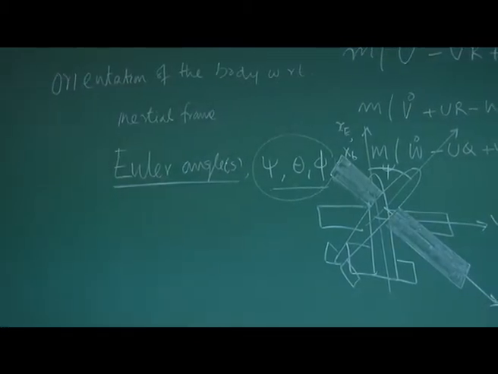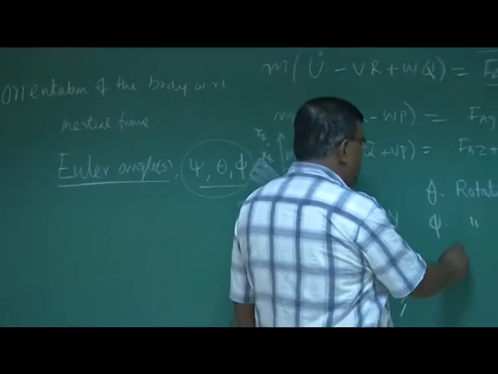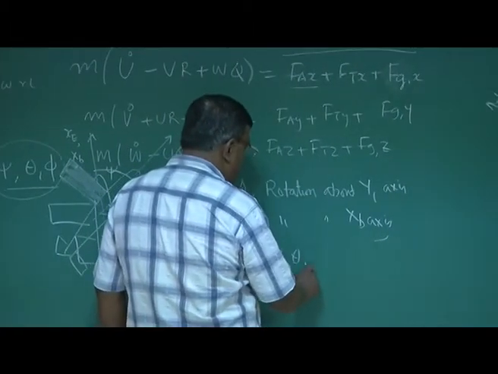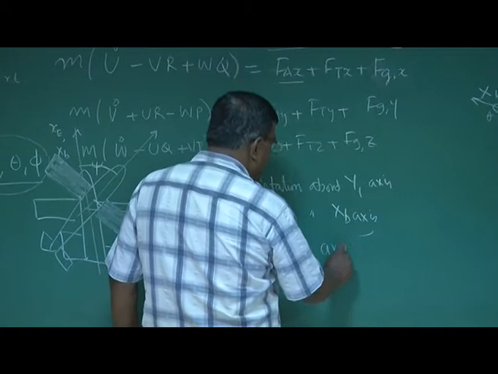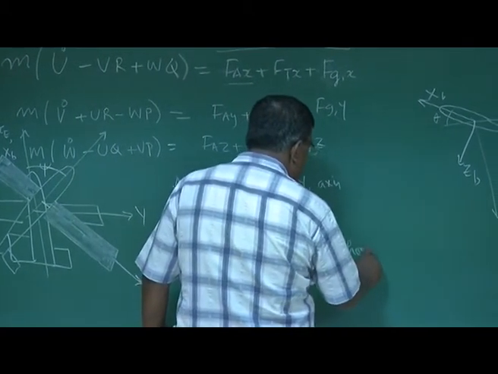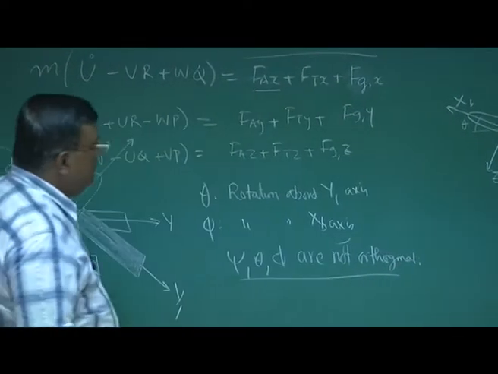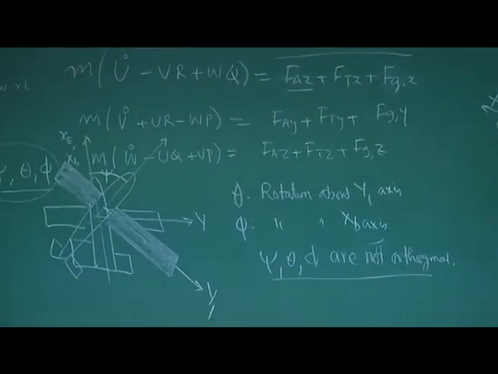You need to understand that psi, theta, phi are not orthogonal. This is extremely important, because you have seen that the rotations are like this. Why do you need psi, theta, phi?